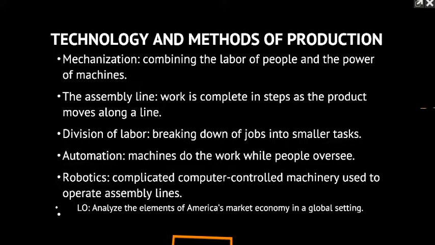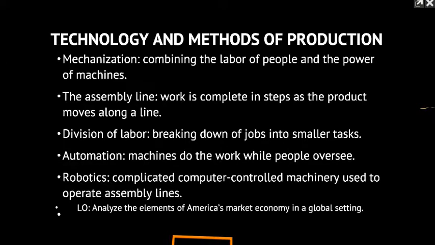The assembly line is where work is done or completed in steps as the product moves along a line, with workers performing generally the same simple repetitive task. The division of labor is the breaking down of jobs into smaller tasks.